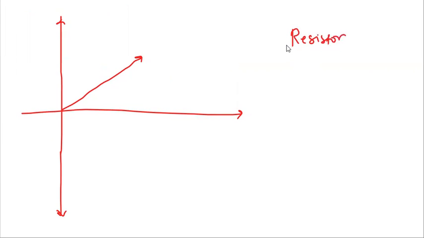For a resistor, current and voltage are in phase with each other, so the voltage across the resistor will be in the same direction as the current.